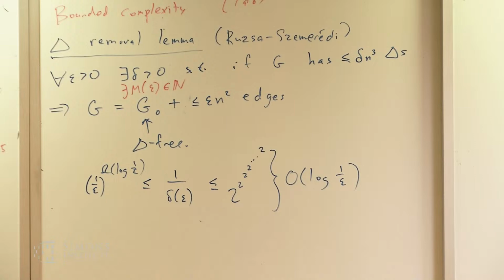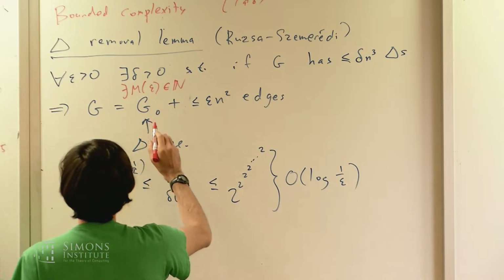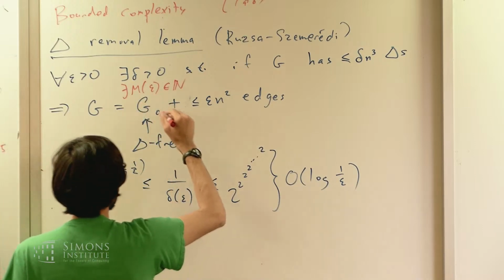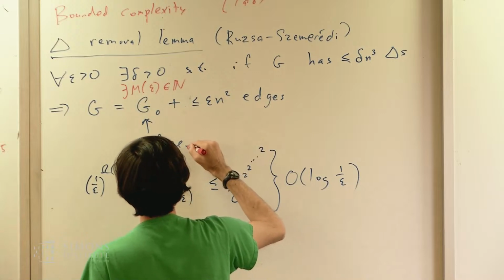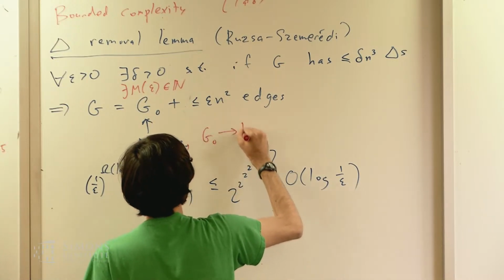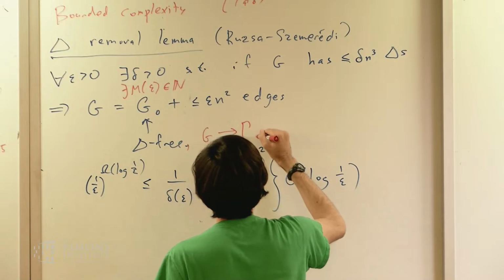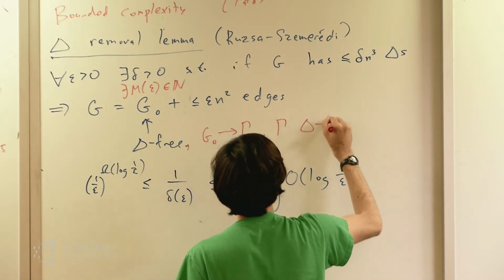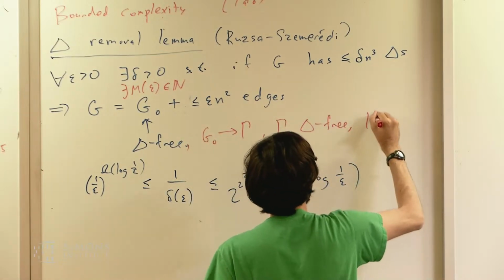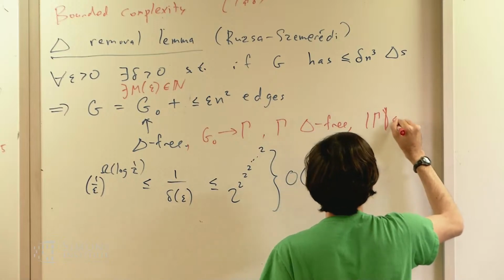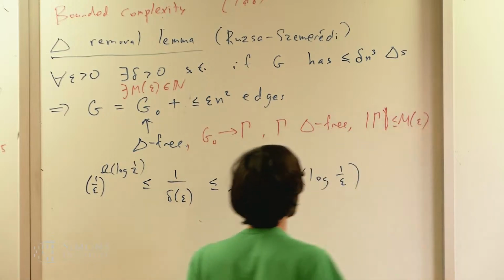And now what you get is that actually this G0, not only is it triangle free, but G0 is homomorphic to some gamma, where gamma is triangle free, and the size of gamma is at most m of epsilon.